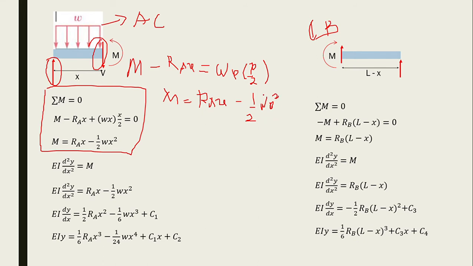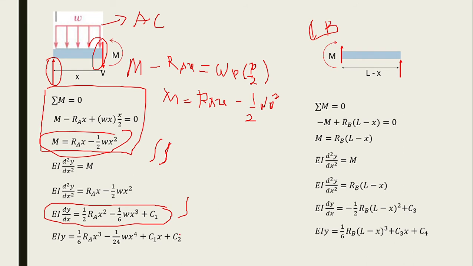Sorry, sweating is too bad. Then to find the deflection, we need to integrate this M twice, so we do the double integration. This one is the first integration, and this one is the second integration.